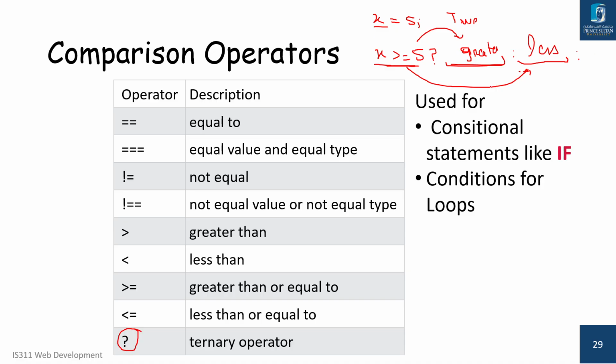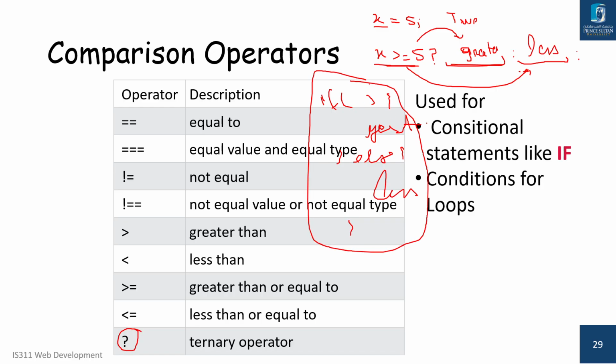So rather than writing if here, and then putting a curly bracket, saying greater, and then in the else part writing something like less, I can just write it in one line, and then it will work. So this is a ternary operator, that is how it operates.